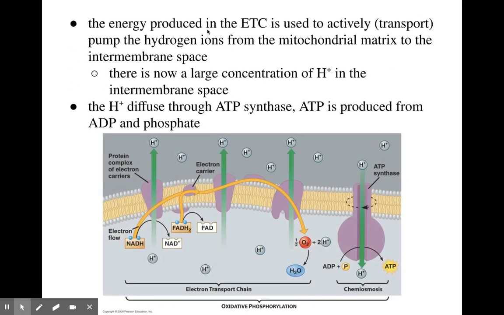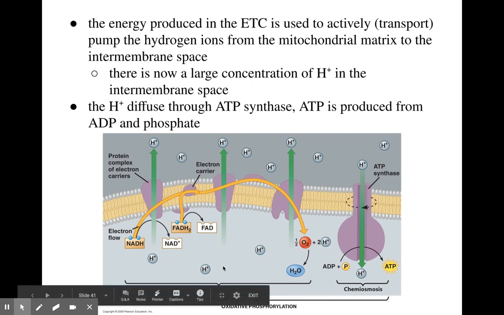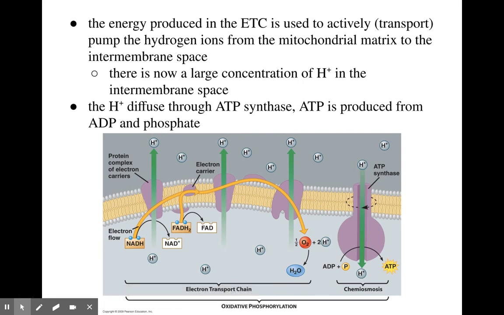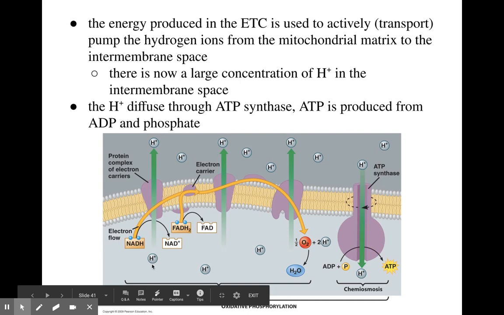The energy produced in the ETC is used to actively transport the hydrogen ions from the mitochondrial matrix to the space. So remember that active transport is going from low concentration to high concentration. So we're going to pump, right? We have to use energy to make it go from low to high, low to high. So that's why we're having this whole thing, because we're going to pump out these hydrogen ions across to the inner membrane space.